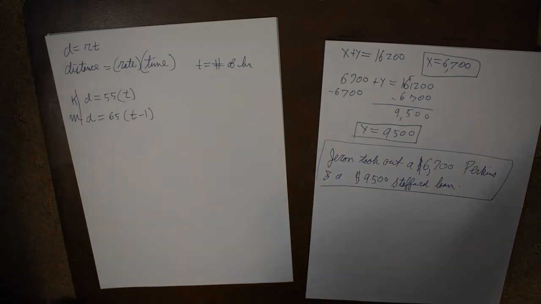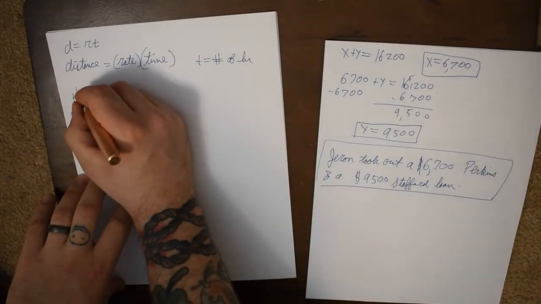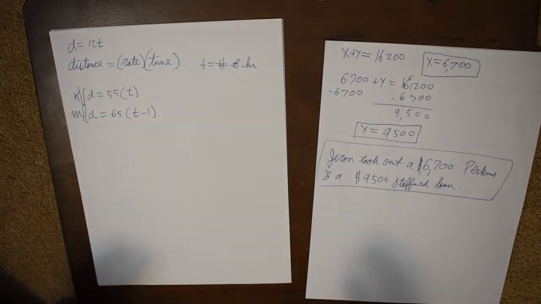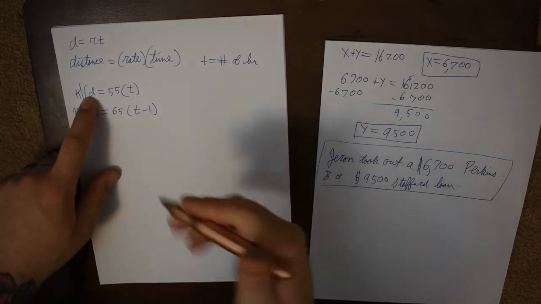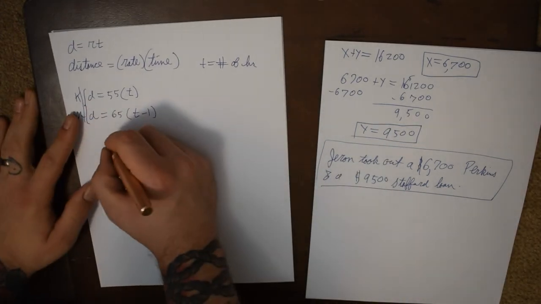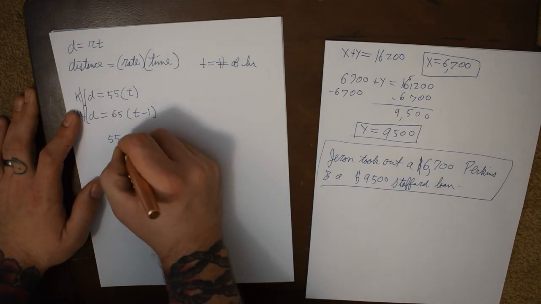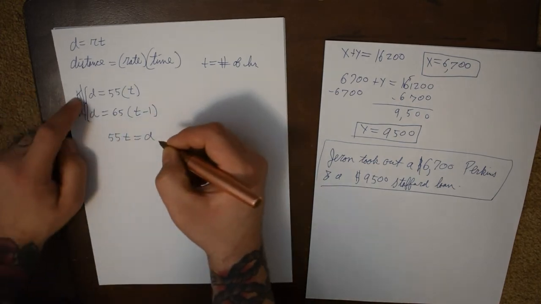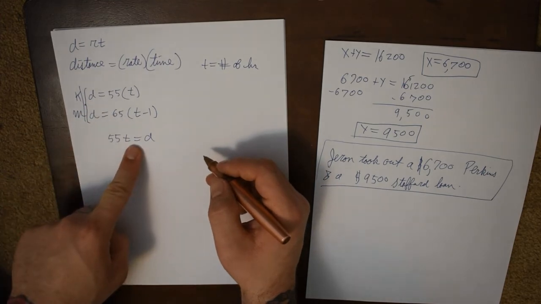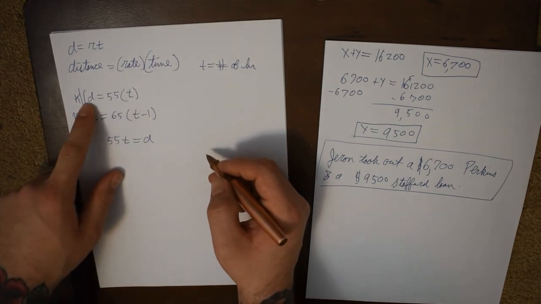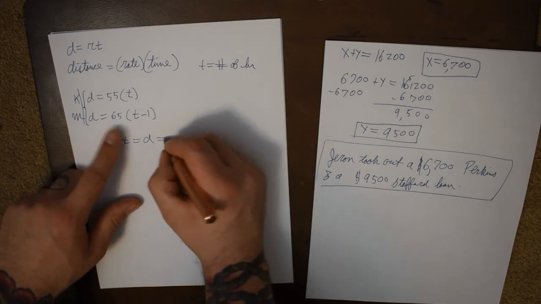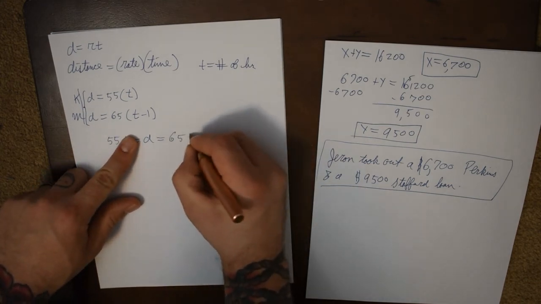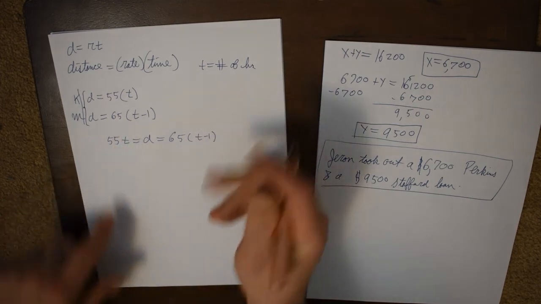So now we want to solve this system of equations. Check it out. 55T is equal to D, that's what it says in the top equation, I just wrote it backwards. Well, in the bottom equation, we know D is equal to 65 times T minus 1.